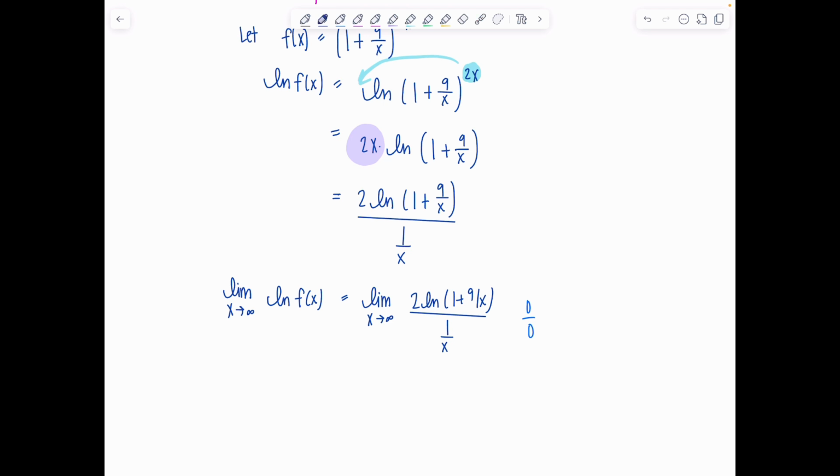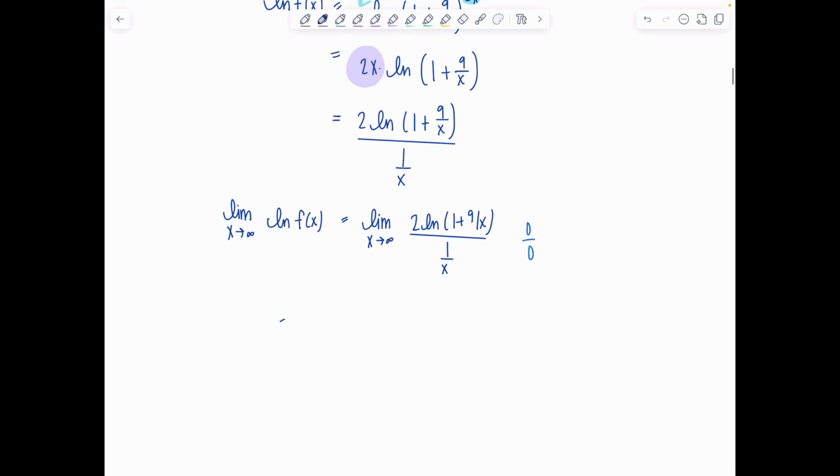I know, dangerous stuff. Okay, so now we have to tell the people we're applying L'Hopital's rule, and then we have the limit as x goes to infinity. So I'm going to take the derivative of the numerator and denominator separately. So the 2's just hanging out. Derivative of ln something is 1 over the something. And then I have to apply the chain rule, multiply by the derivative of what's inside.